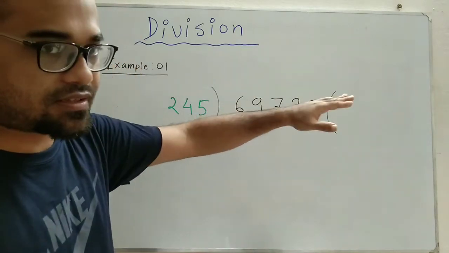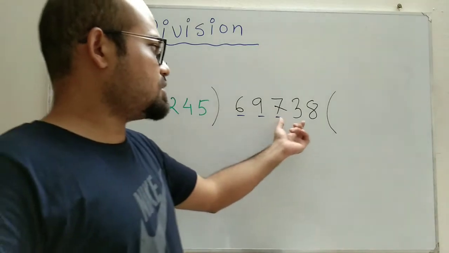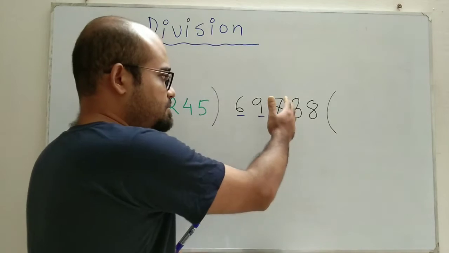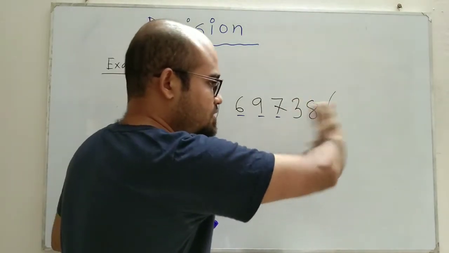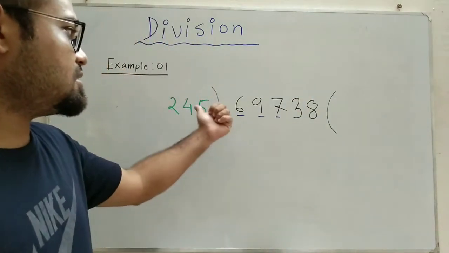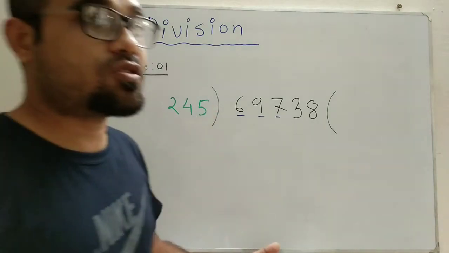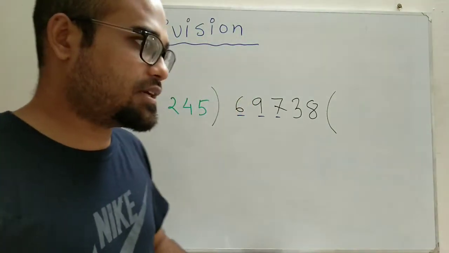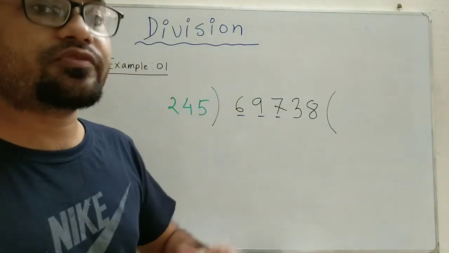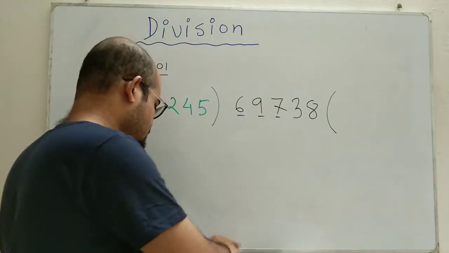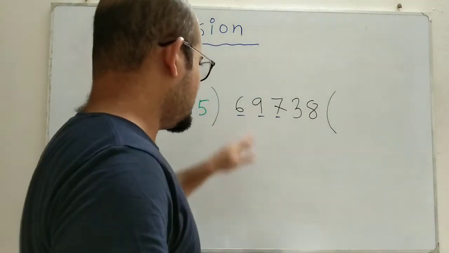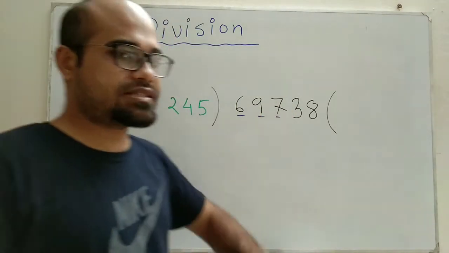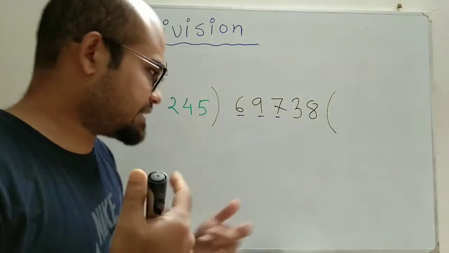Well, in that case, we are allowed to pick up successive digits and proceed towards the right until the number so formed becomes equal to the divisor or greater than that. But we will cover that in the next example, don't worry. So what is the number formed by picking up the 3 digits of the dividend? 697.